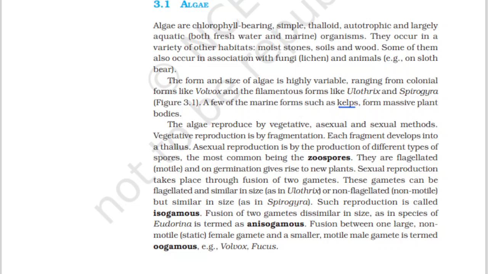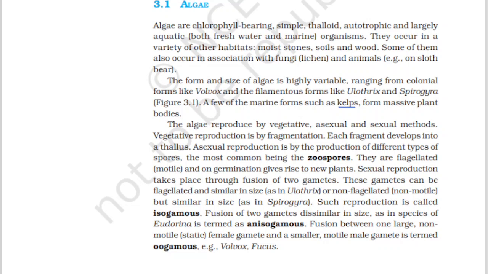Sexual reproduction takes place through fusion of two gametes. Here, the gametes can be flagellated and similar in size, as in Ulothrix, whereas non-flagellated gametes are non-motile but similar in size, as in Spirogyra. So here, flagellated and non-flagellated.